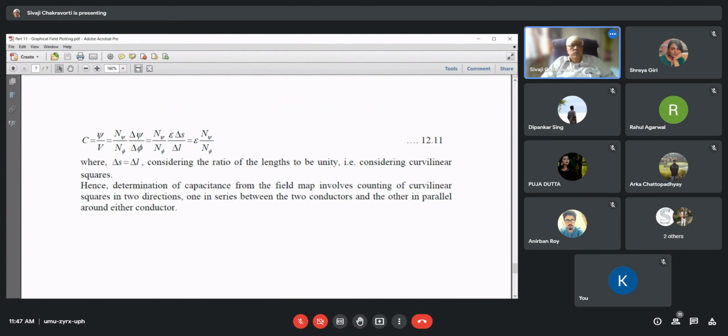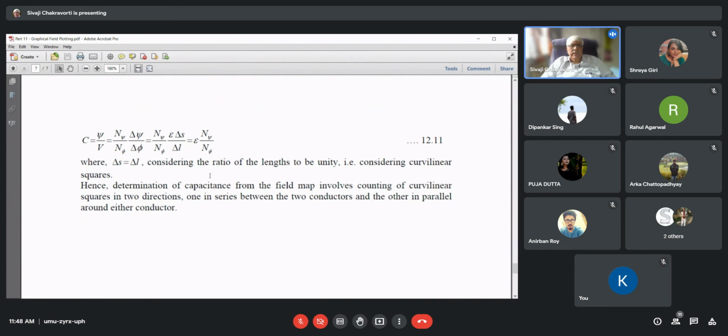And then if you put this expression for del psi by del phi, and substitute this representation in terms of del s by del l, you can see that if I take del s by del l equal to 1 or whatever constant, then the capacitance is nothing but epsilon multiplied by a constant, which is the ratio of del s by del l, and n psi by n phi.